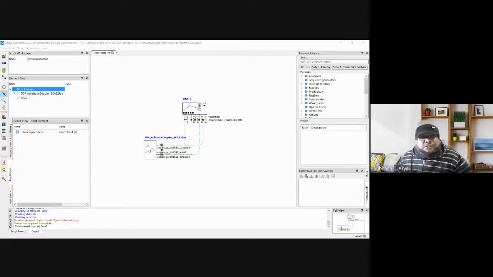So simulation circuit. What I have done right now is I'm simulating only the TE mode at a time, not TM.